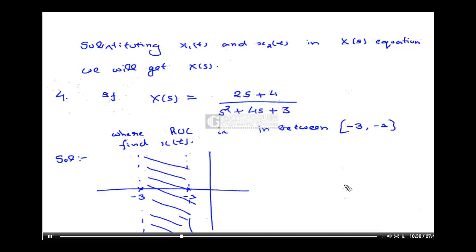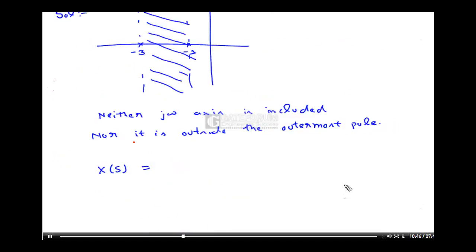Now partial fraction of X(s) will give me 1 upon (s plus 1) plus 1 upon (s plus 3). Okay. Now the ROC is on the right side of the pole at minus 3 and on the left side of the pole at minus 1.